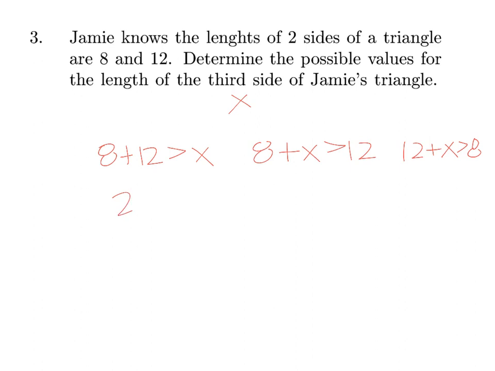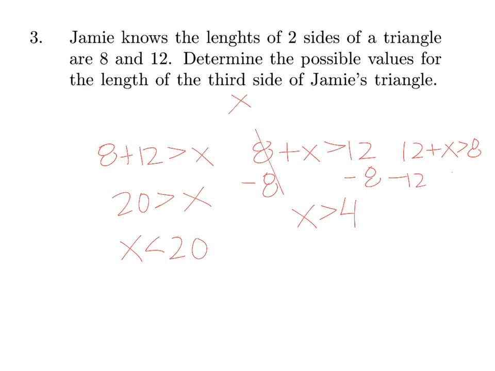Alright, so here I have 20 is greater than x, so x is less than 20. Subtract 8, x is greater than 4. Here I subtract 12, x is greater than -4.